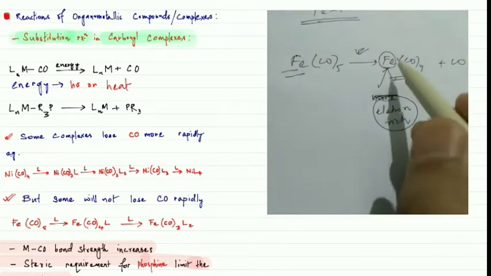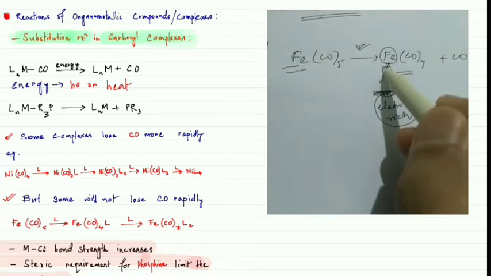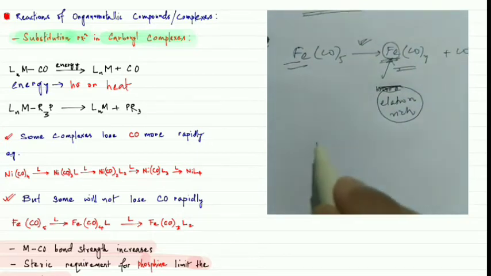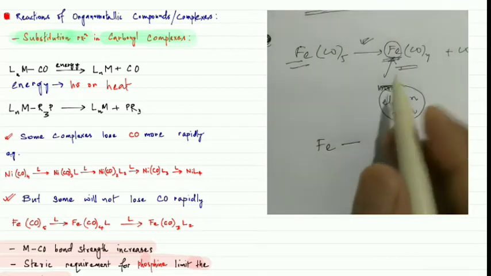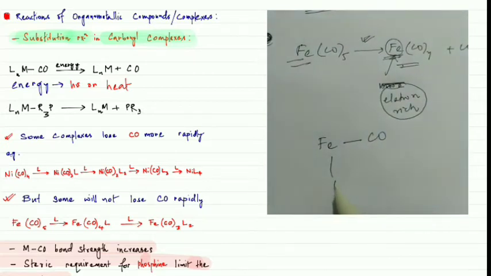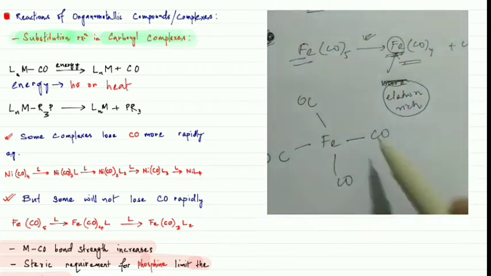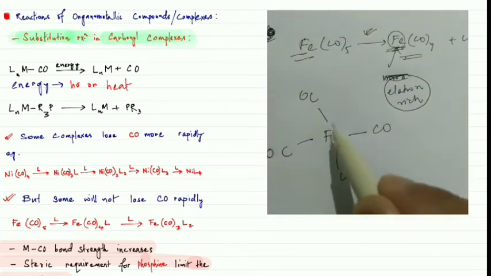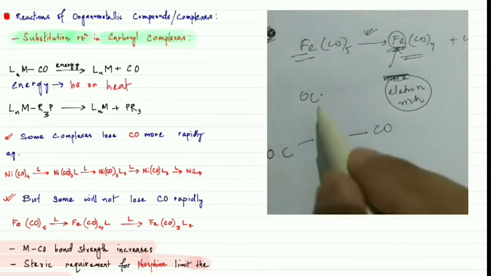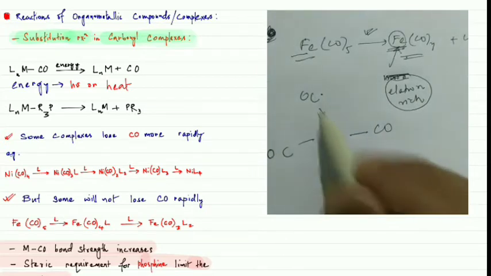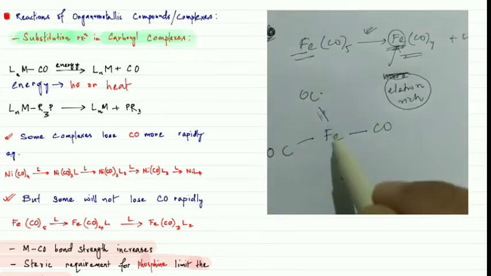Since this becomes more electron rich, how many carbonyls are there? 1, 2, 3, 4. The remaining four carbonyls will be there. So here, actually, these bonds, we have already discussed the nature of the carbonyl and metal bonds.